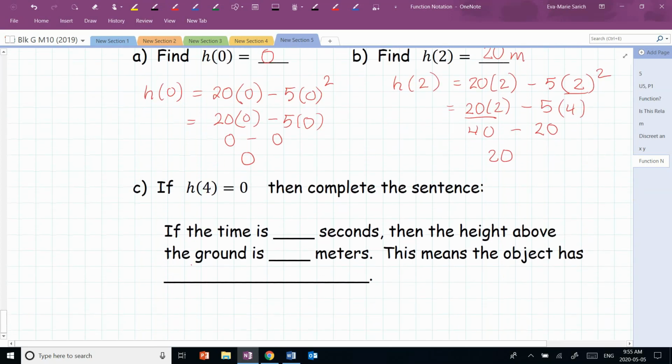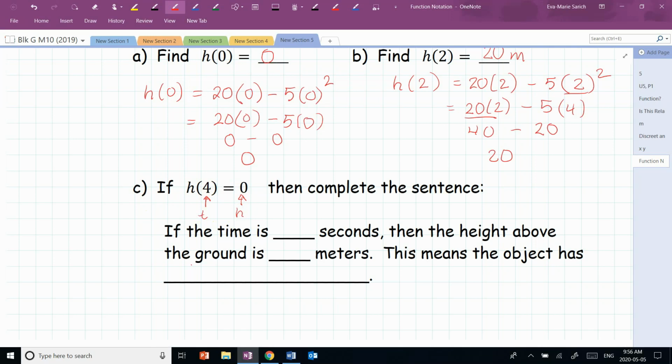Let's do this again. If h at 4 is equal to 0, we want to complete this sentence. Remember, this is h of t, and this is time, so at 4 seconds, what is the height? The height is equal to 0. How can the height be at 0 after 4 seconds?